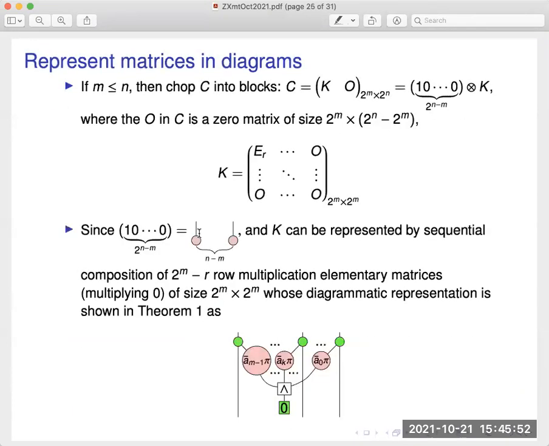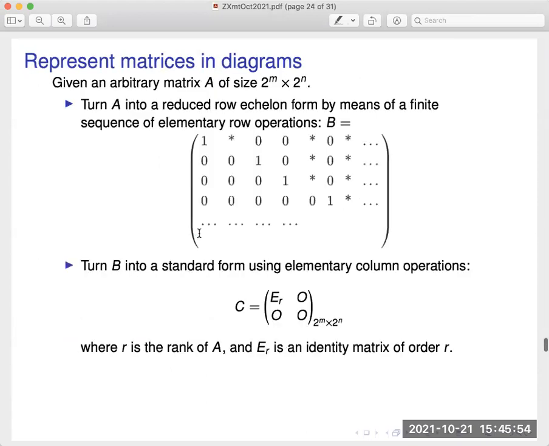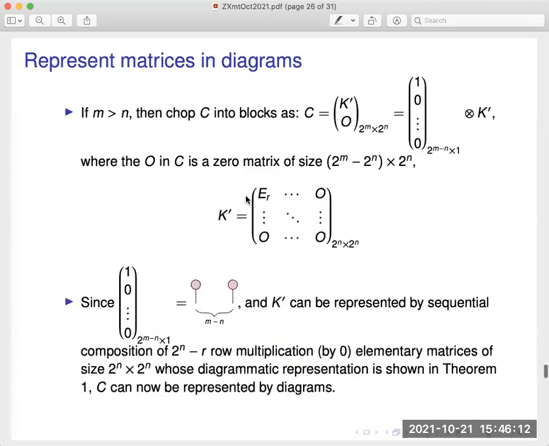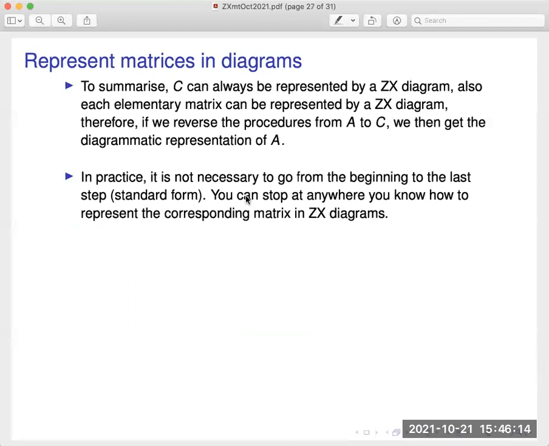Even when you do the Gaussian elimination, if you can stop where you already know how to represent the matrix by diagram, for example by observation, then you reverse the procedures, and you will get the diagrammatic form of A. So in practice, it could be simpler.